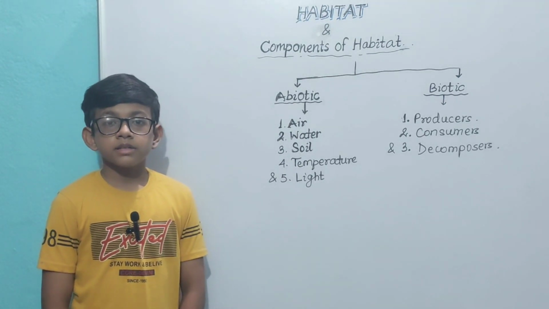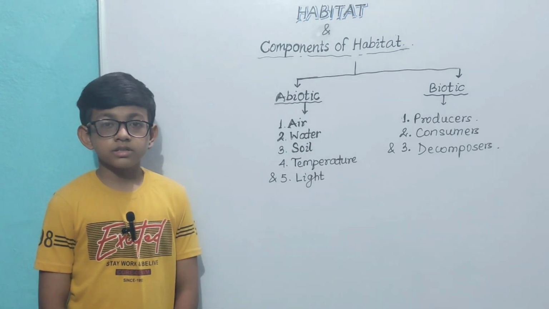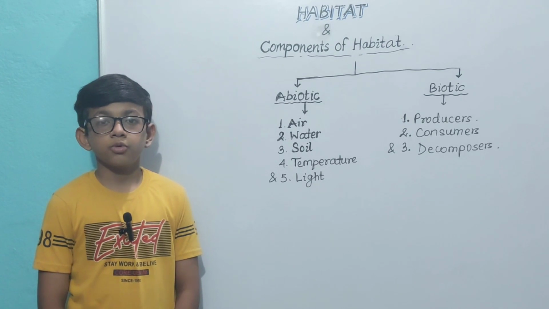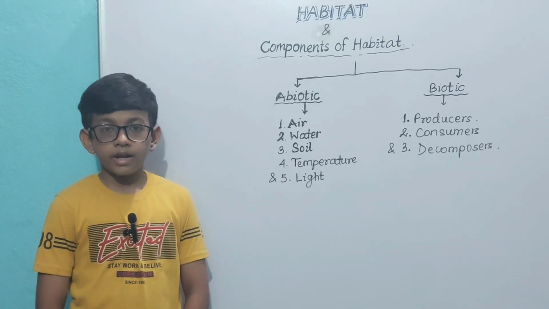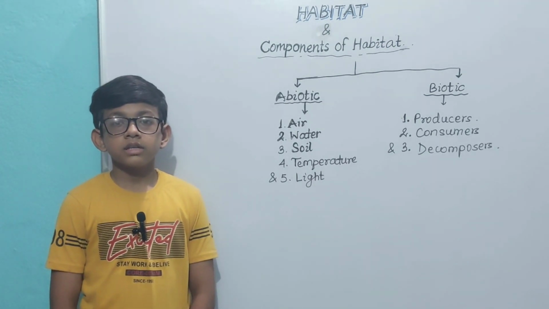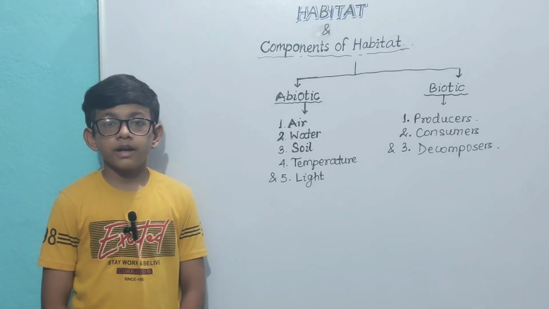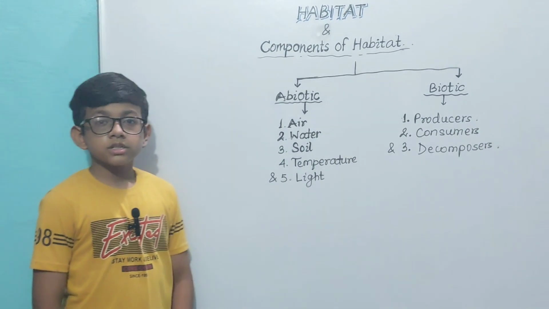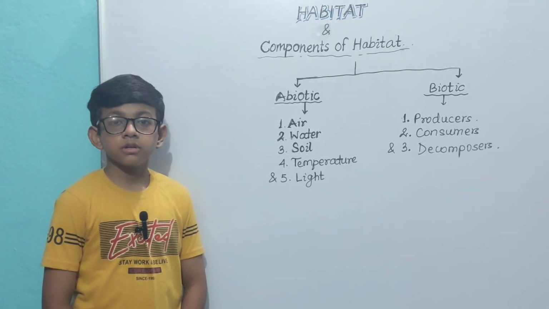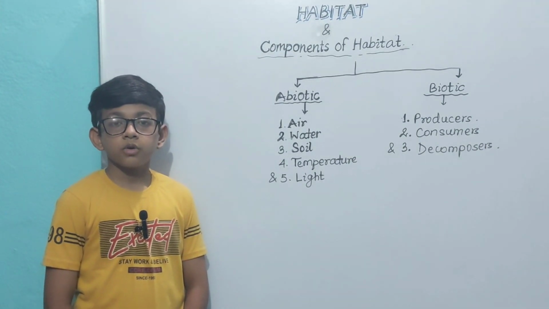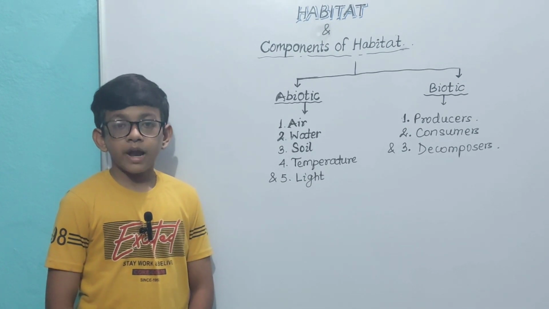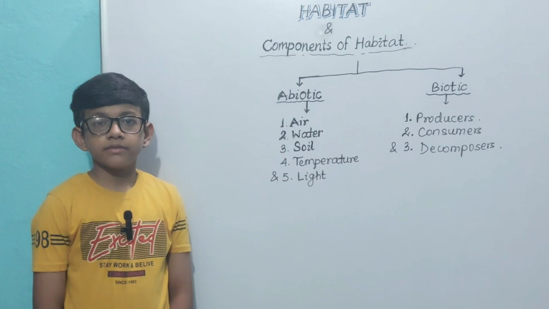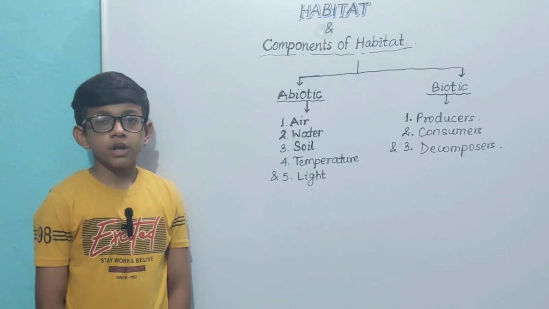Visible light is a mixture of 7 colors, namely red, orange, yellow, green, blue, indigo, and violet. Sun is the ultimate source of energy. Light affects photosynthesis, germination, movement, and growth of plants. It keeps some animals more active in daytime in comparison to night.